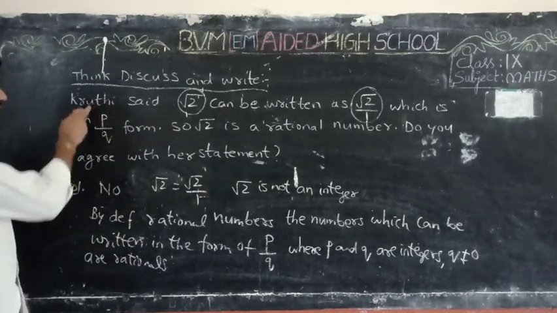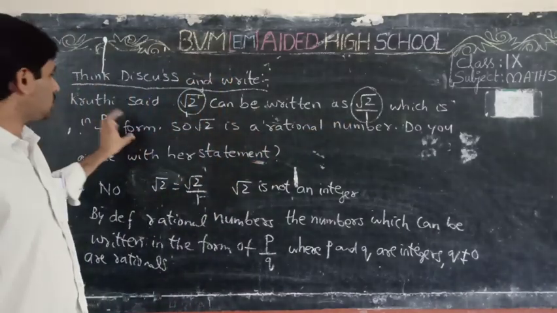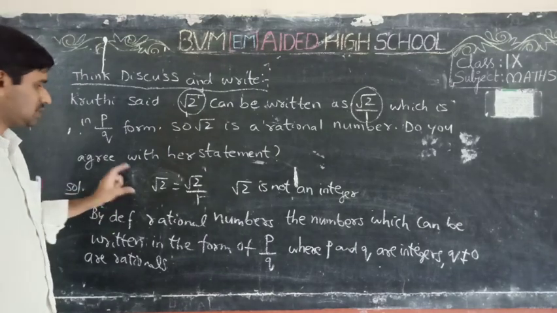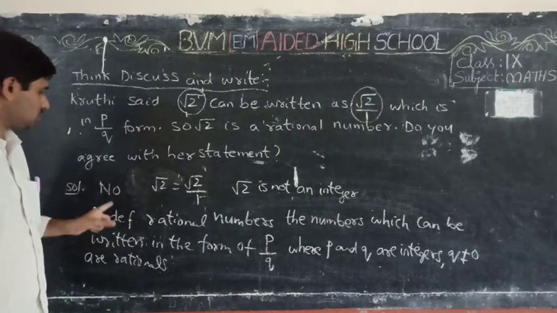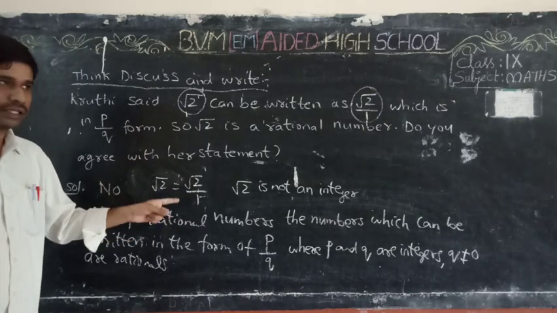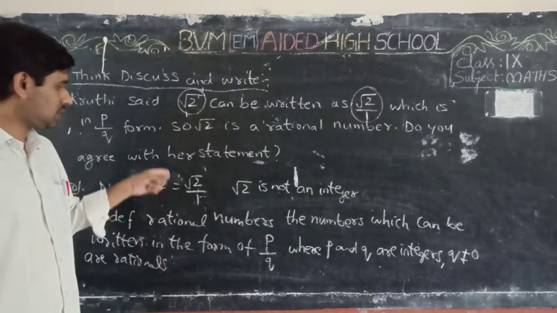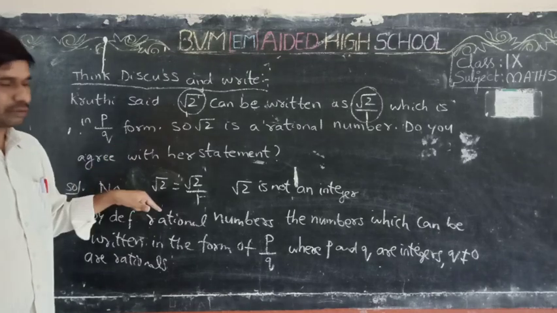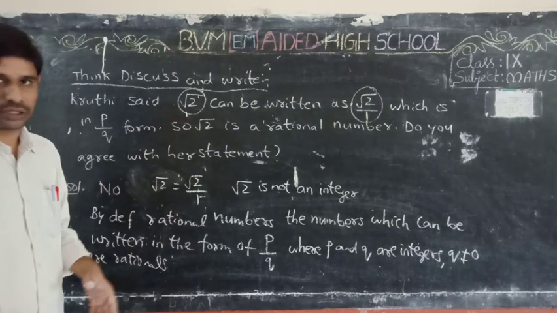So her statement, that root 2 can be written as root 2 by 1, which is in p by q form, so root 2 is rational, is false, because root 2 is not an integer. By the definition, only if a number can be written in the form of p by q, where p and q are integers, can we say it is a rational number. So root 2 is not a rational number. Root 2 is an irrational number. It is a non-terminating, non-recurring decimal.